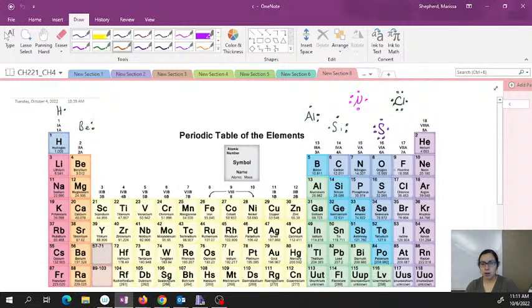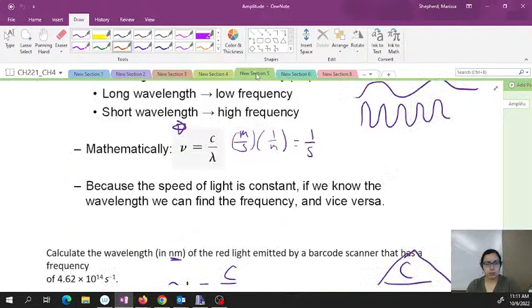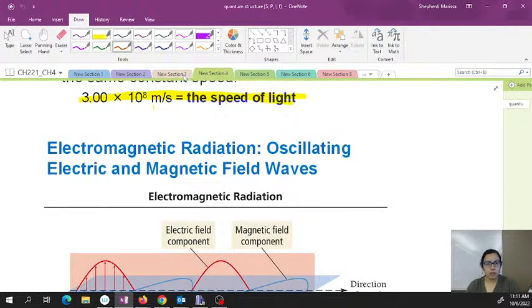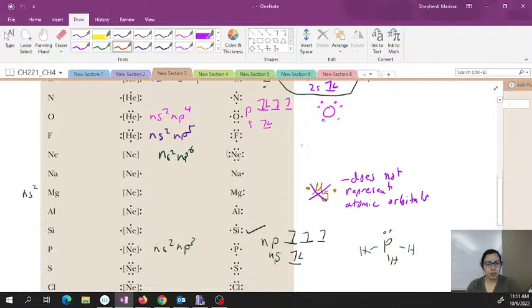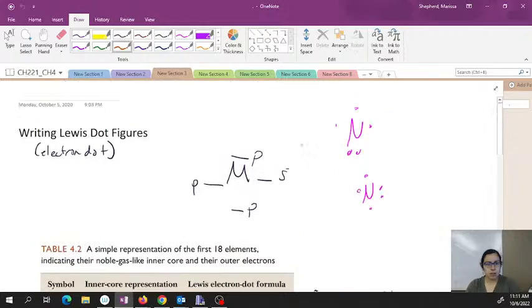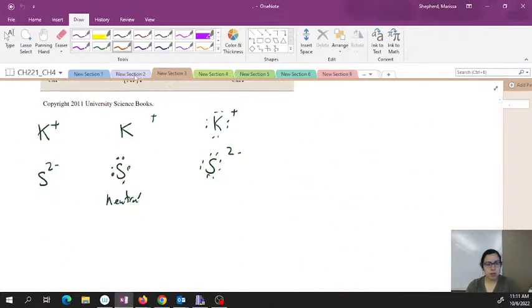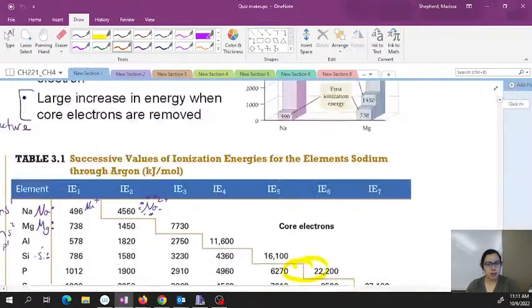So this might have been a weird one. Trying to find our ionization energy pattern.